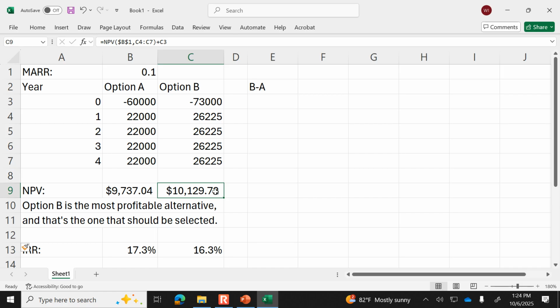Or if it was your money to begin with, then the way to think about it is you got 10% rate of return and also an extra $10,000 on top of your 10% rate of return. That's what this present worth analysis can tell us.